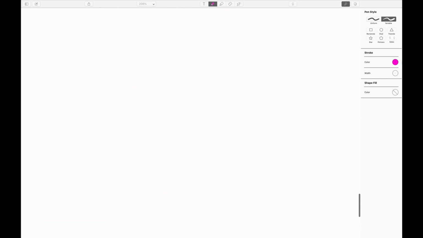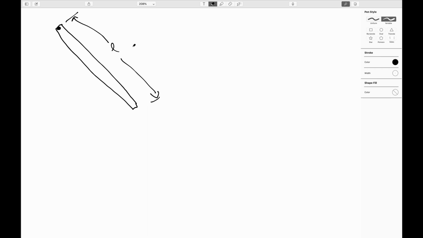Let's say that the object we're thinking about is a meter stick, and we hang the meter stick right at its end. So say the length here is a meter.